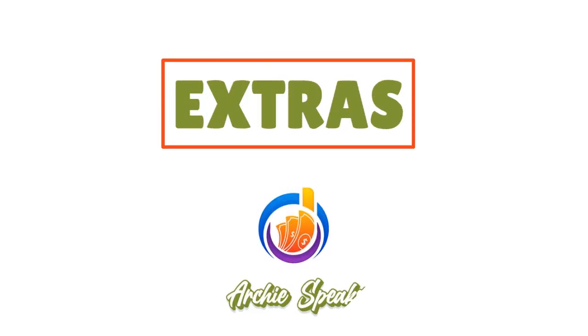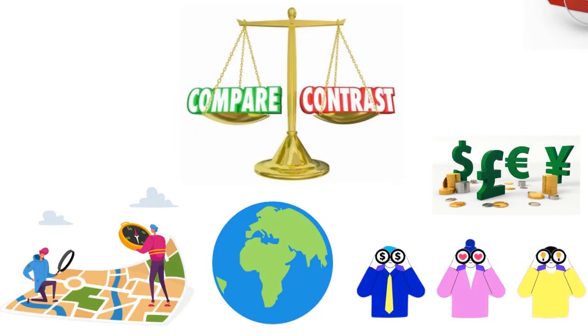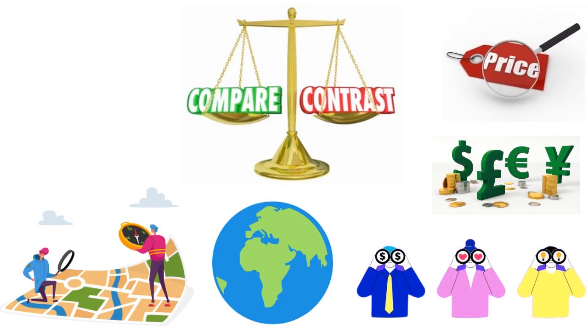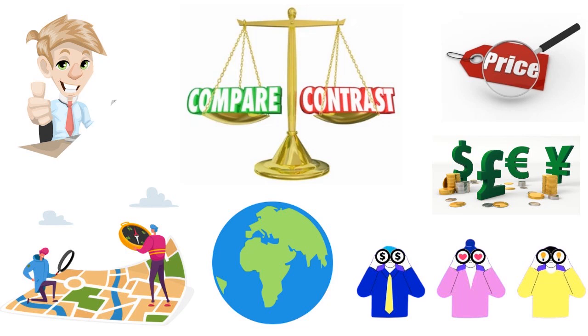Let me give you a few extras here. So when it comes to Stripe versus Helcim, you need to understand what you're really looking for. Are you looking for some kind of edge around pricing, or ease of use, or user reviews, or integrations?